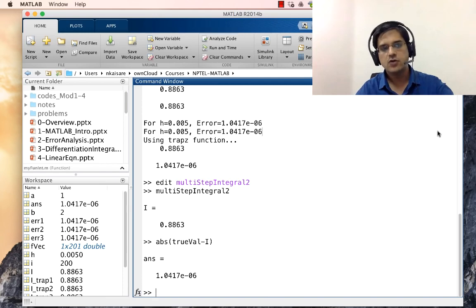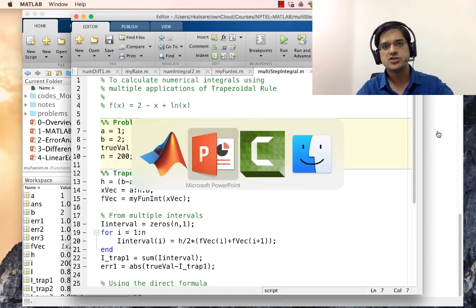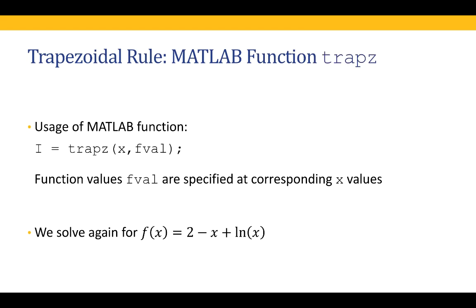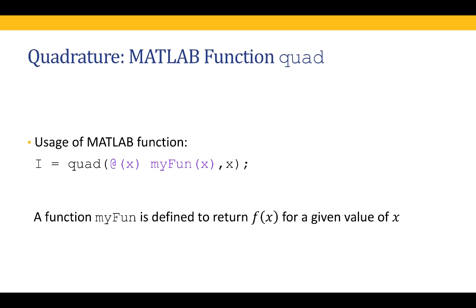Now we have finished using the trapz function. That was the first MATLAB function that I wanted to cover in this lecture. The second function that I wanted to cover is what is known as quad. In the method quad, we pass our function file itself to the MATLAB command quad.